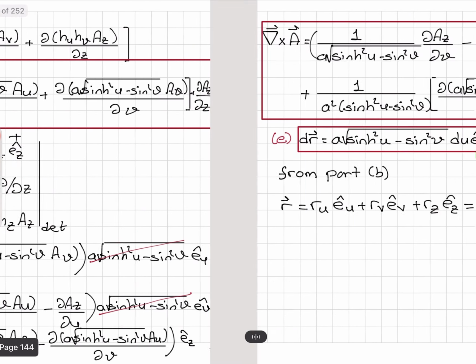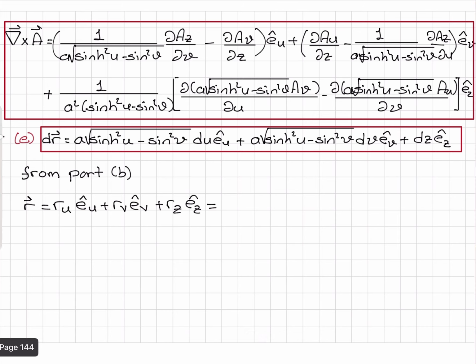So the position vector is a cosh u cos v in the e_x hat direction plus a sinh u sin v in the e_y hat direction, and it is z in the e_z hat direction. This is the position vector.